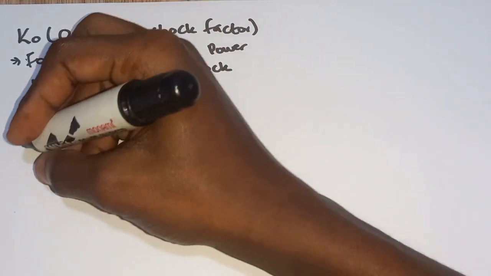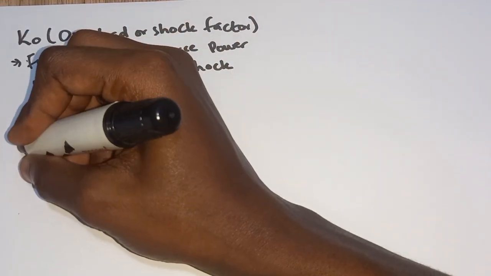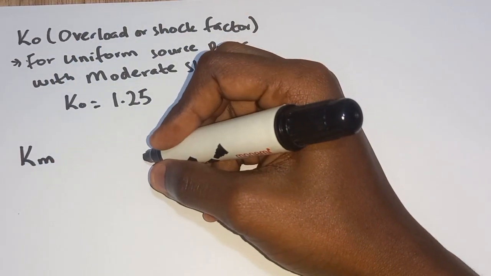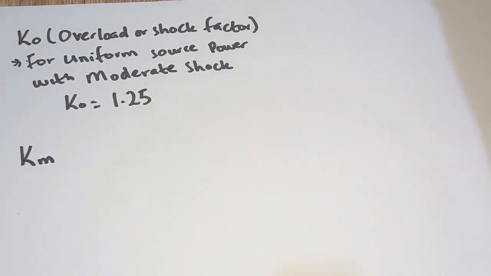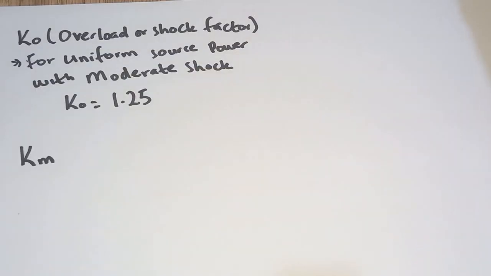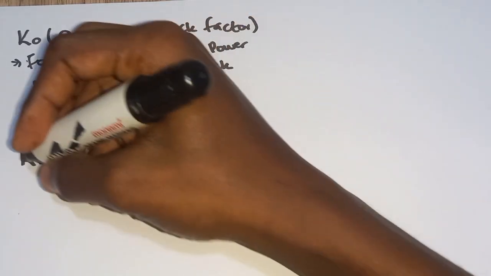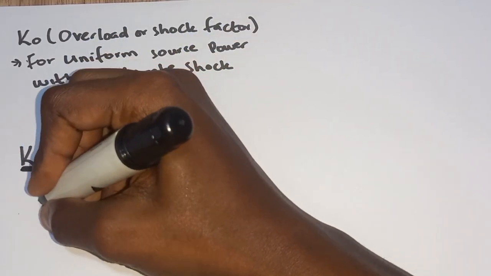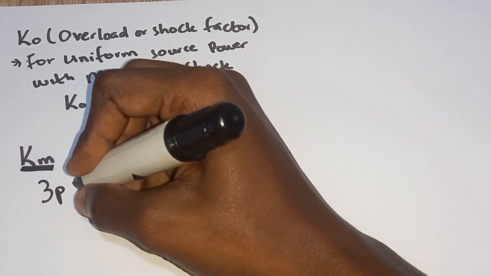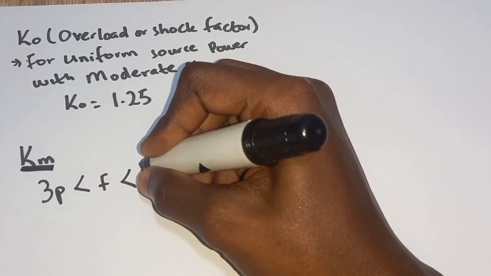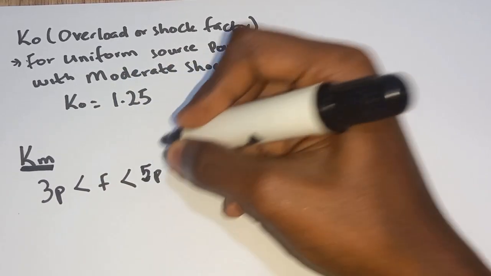Okay, so let's come to the mounting factor. So we write our Km. Because we are told to use the minimum practical face width, we know that to use this from our gear parameters, we must fall within this range, 3p.